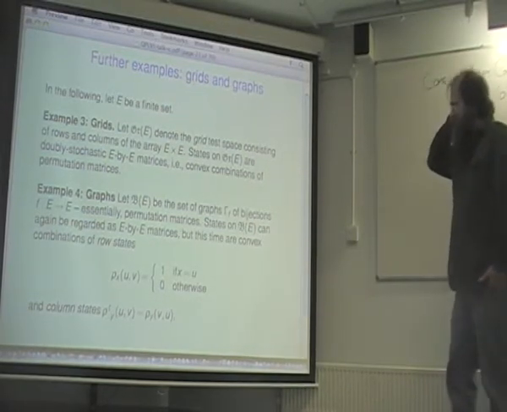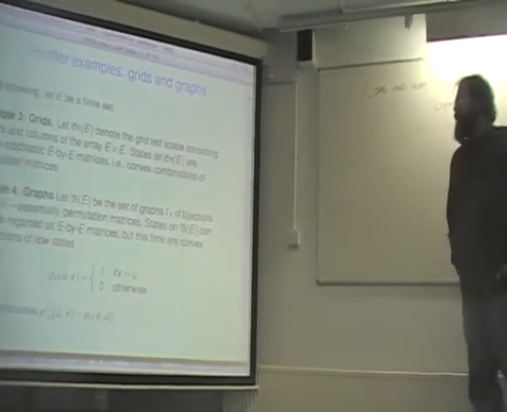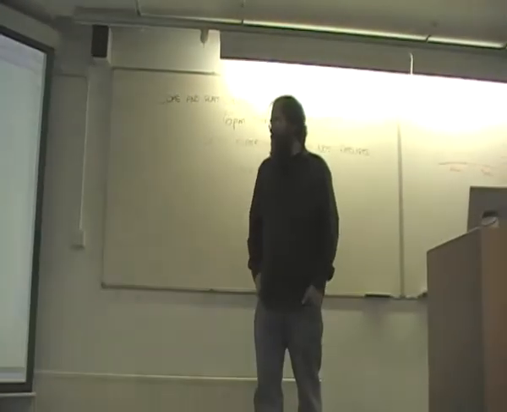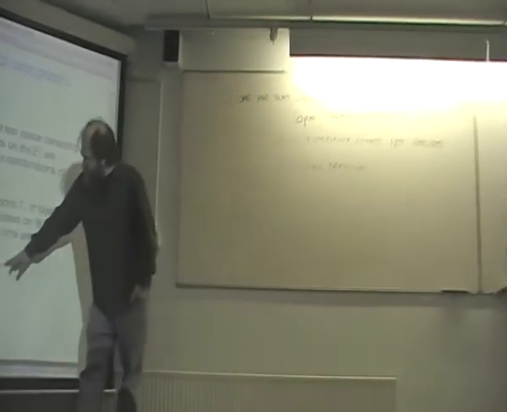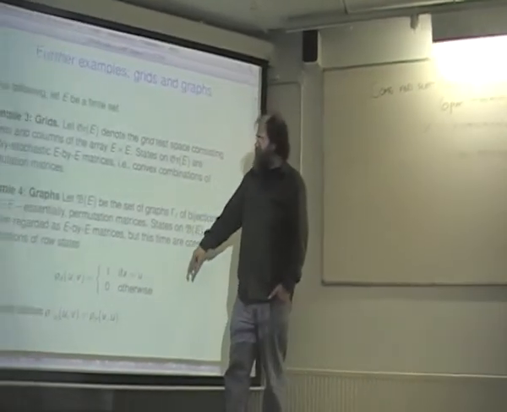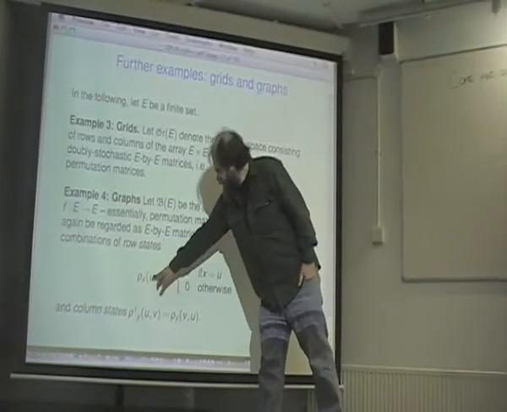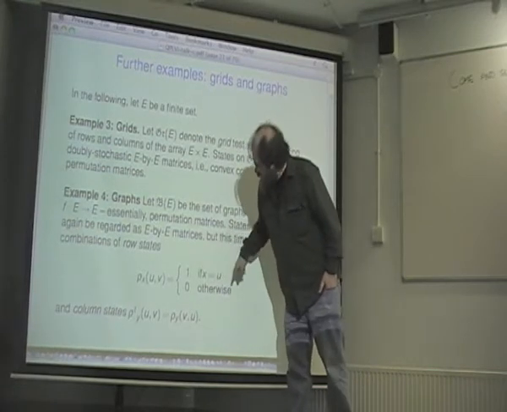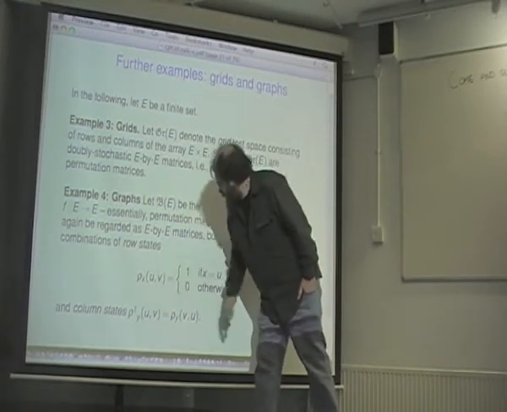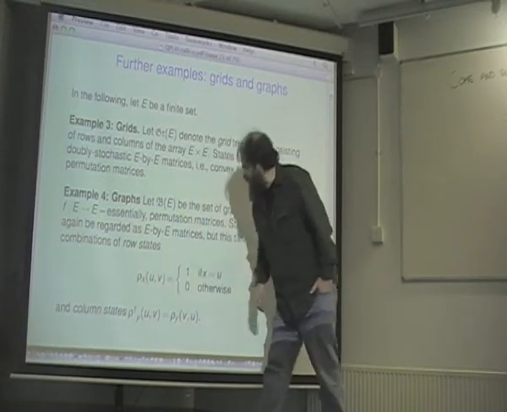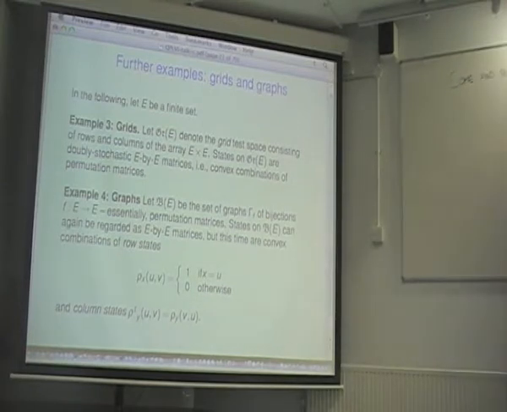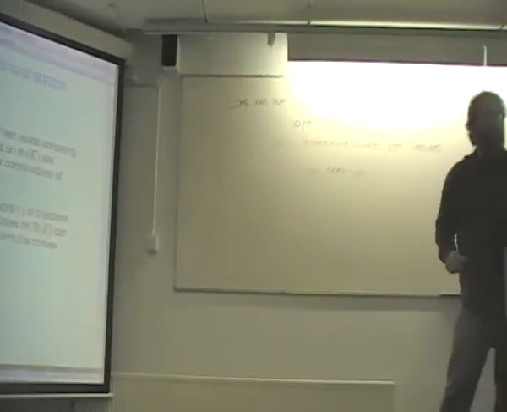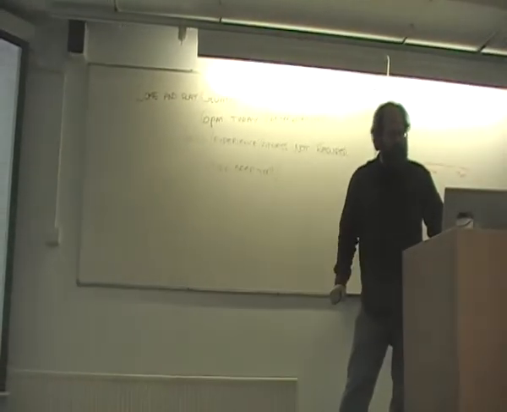States on this collection of graphs of bijections again can be regarded as E by E matrices, but this time they're convex combinations, as it turns out, either of row states, where a row state is a state that assigns to an ordered pair (U,V) the value 1 if U equals X, so 1 if you're in the X row and 0 otherwise, and a column state is defined dually. So there's a sense in which these two examples are dual to one another. I won't pursue that in detail, but you can sort of see what I mean.